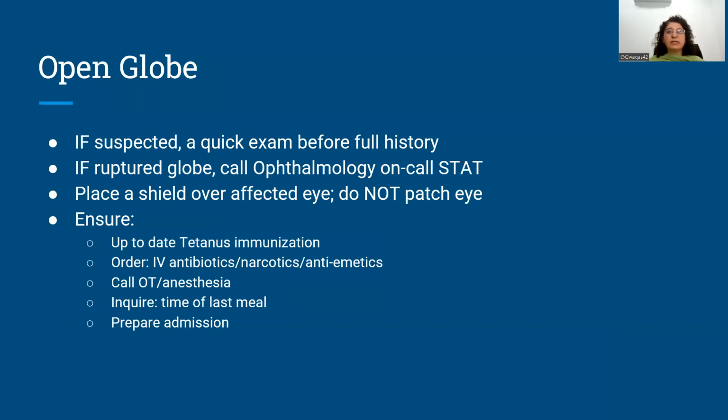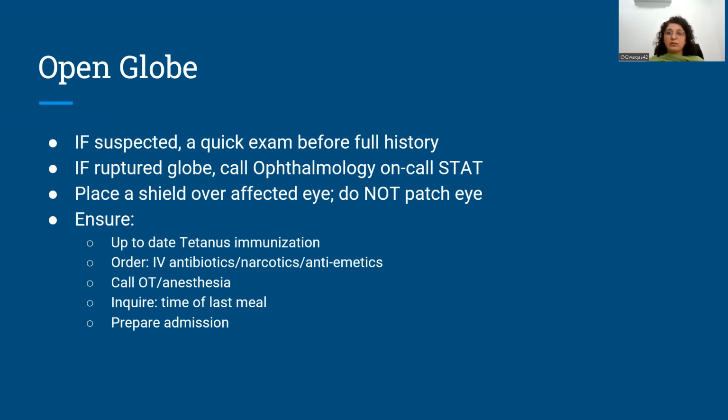All right, so let's start with open globe. This is one of the most feared ophthalmology emergencies just because of the fact that it has guarded visual prognosis in a lot of cases. If you even suspect an open globe, it is critical that you do a quick exam before you even take the history.